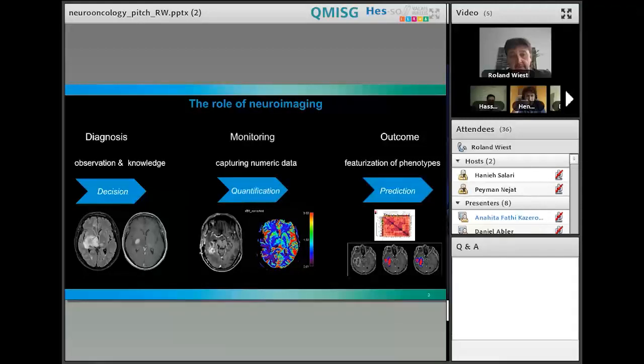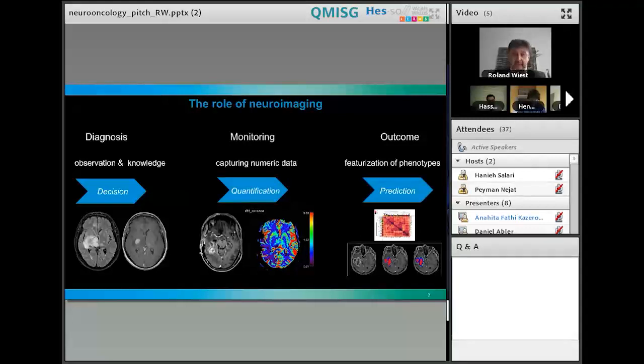If it comes to machine learning, then for the diagnosis, the most important expectation that we have from these tools is to give us decision support. That means we need to have additional evidence if a tumor belongs to a certain class, for example, a diffuse glioma or oligodendroglioma. Still, the most important and breakthrough technology at the moment is the quantification of images.